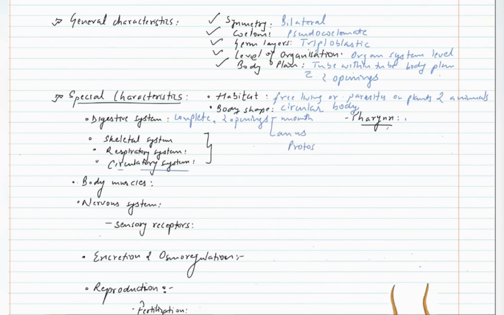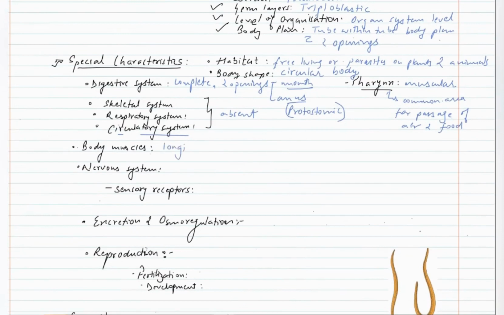These organisms are protostomic, as we have already discussed in our video on basis of classification. Protostomic means that mouth develops first and anus develops later on. They have a muscular pharynx. Pharynx is the common area for passage of air and food. Skeletal system, respiratory system and circulatory system are absent.